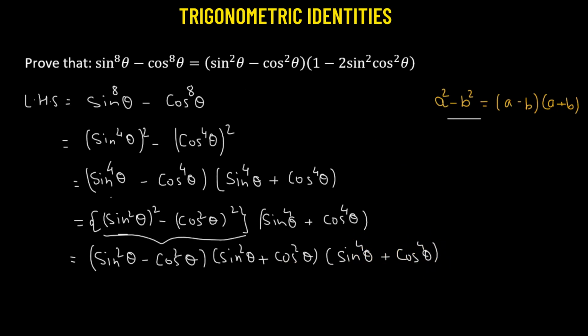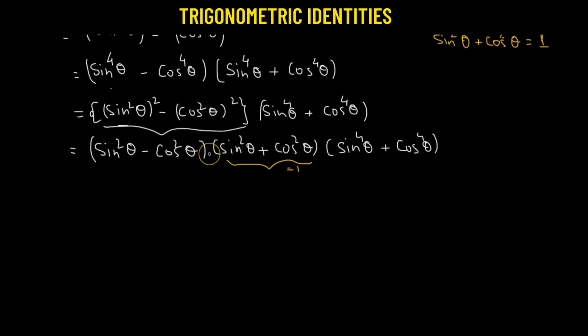Now we have the standard trig identity: sine squared theta plus cosine squared theta is always equal to 1. So that value will go to 1, and we can now rewrite the expression as sine squared theta minus cosine squared theta multiplied to 1. We don't have to write the 1.